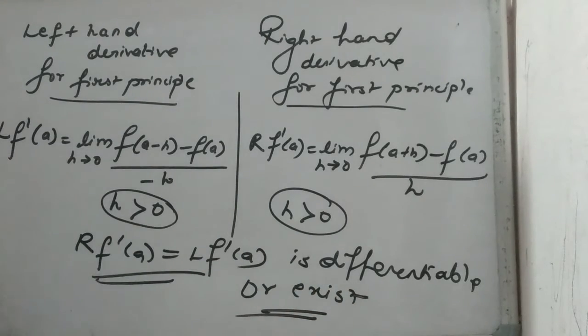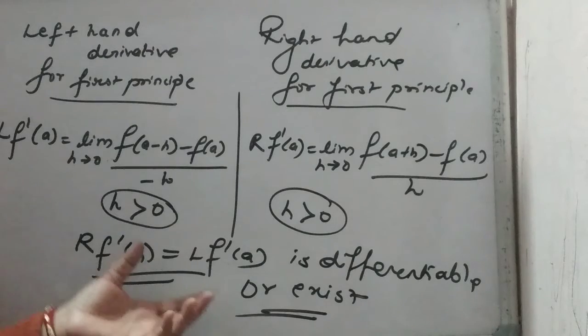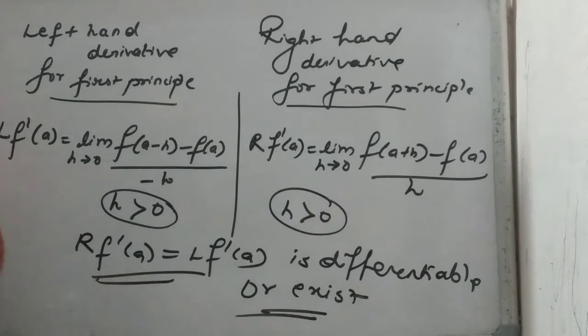If the right hand limit and the left hand limit are equal, then you can say the given function is differentiable or exists. This is the proper condition for differentiability or existence. So this way you can find the first principle for left hand and the right hand also.